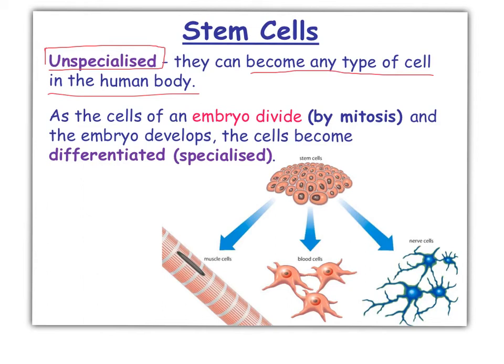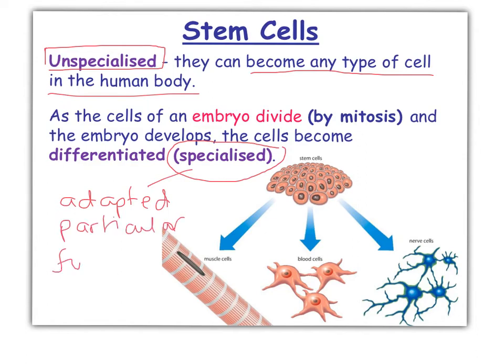And when they differentiate as the embryo develops, they become specialised. That basically means that they are adapted for a particular function. So muscle cells, for example, are adapted. They've got lots of mitochondria, so they can contract and relax.